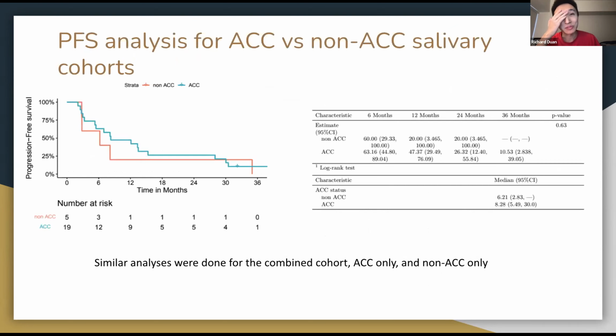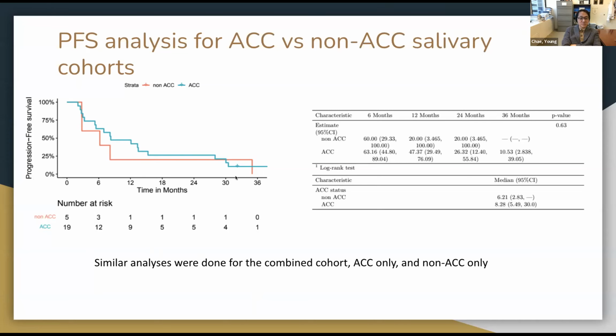So this is the progression-free survival analysis that they did. They had many curves like that. They had one for them combined, so there's only one line for ACC plus non-ACC. They have one for ACC only, and one for non-ACC only.